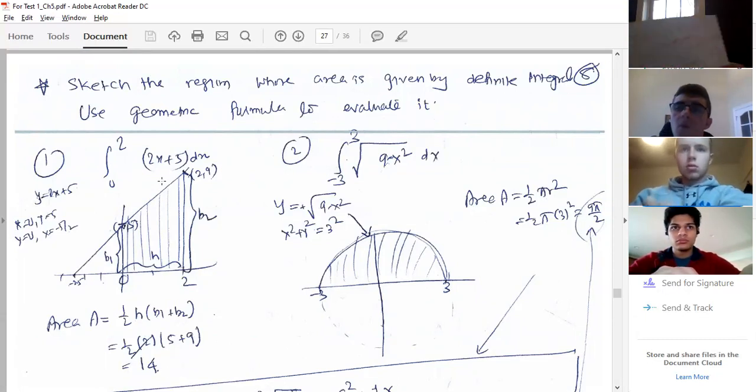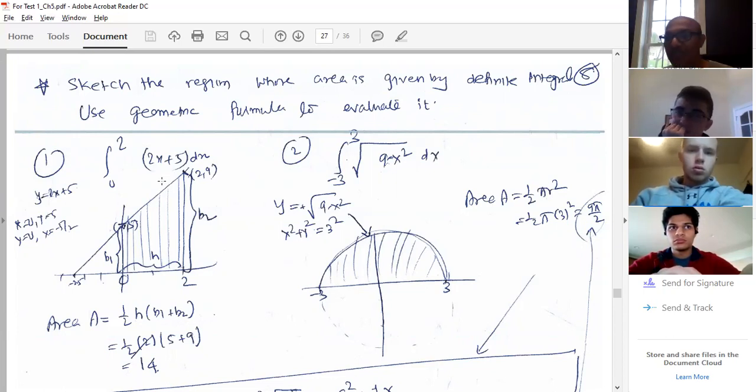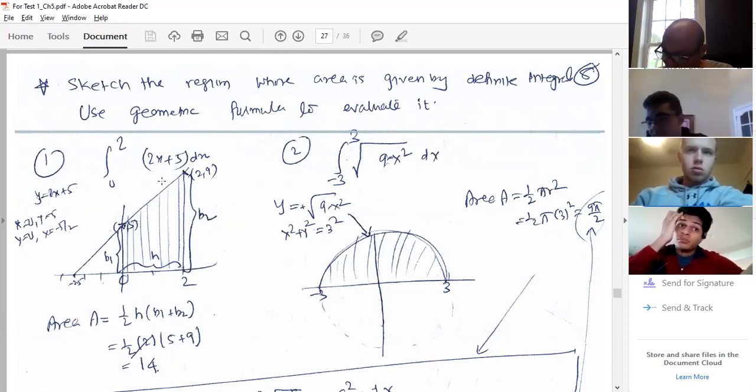Now replace all x's by your upper limit 2, and then replace all x's by the lower limit 0, with a negative sign in between. That is called the second fundamental theorem of calculus. So that is equal to 2 squared plus 5 times 2 minus 0 squared plus 5 times 0.